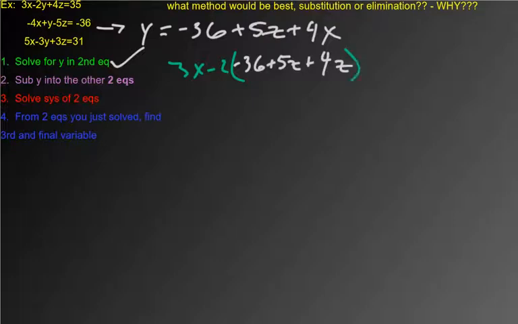And that's just y, so I plugged it in for y. And then plus 4z equals 35. Then I'm going to simplify this equation. So we have positive 72, we have negative 10z, we have negative 8z.